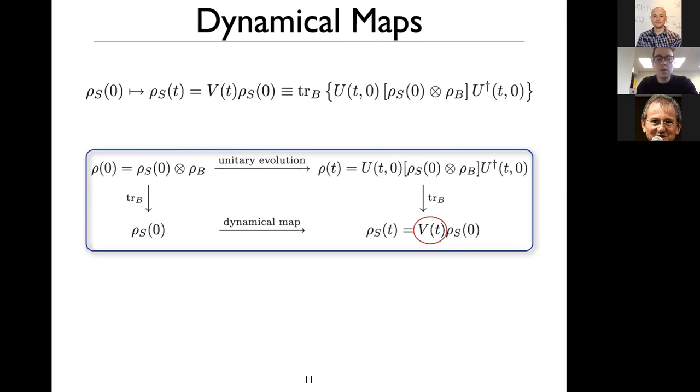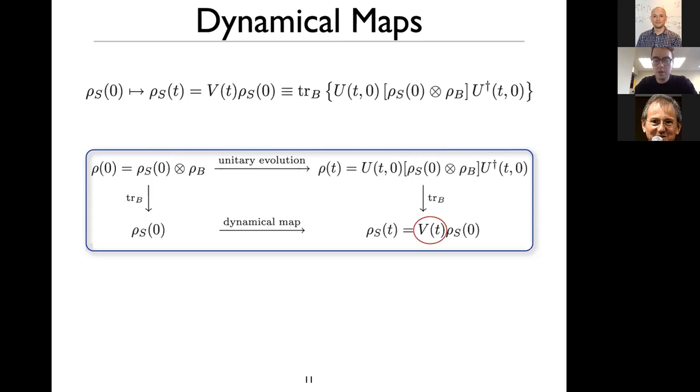Assuming the density matrix of our combined system and environment is initially uncorrelated, we can evolve it according to a standard unitary time evolution up to some time t.